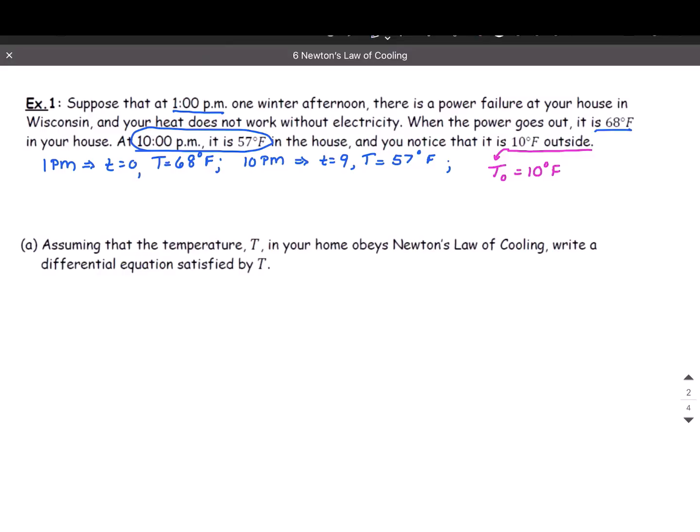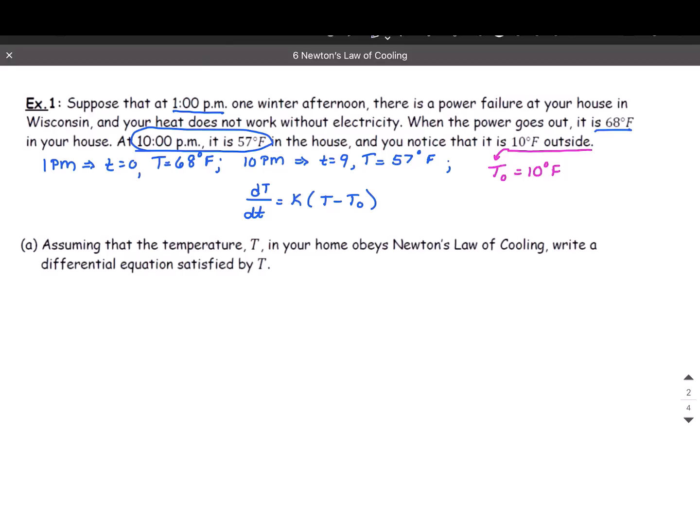Now remember, for Newton's law of cooling, we have dT over dt equals the constant of proportionality times T minus T naught. So all we've done so far is read the stem of the question and write down what they told us. Now let's see what they're asking.